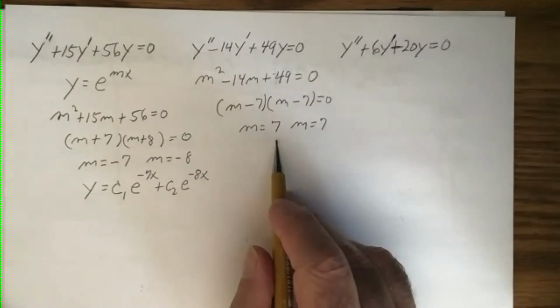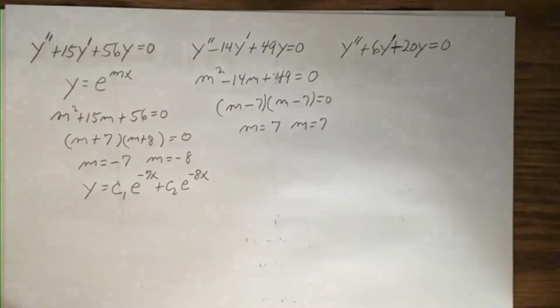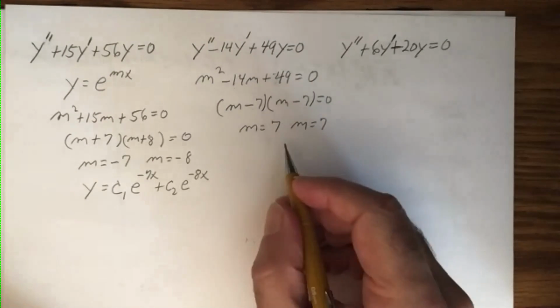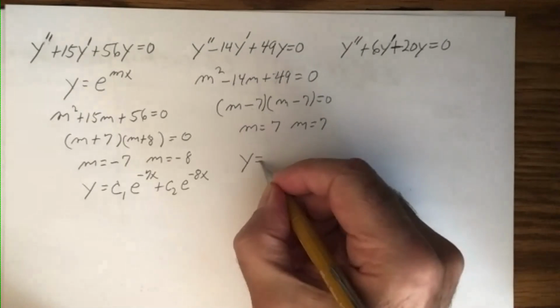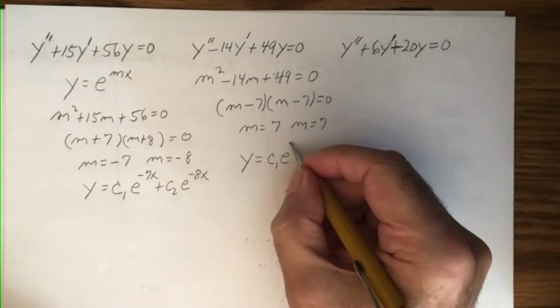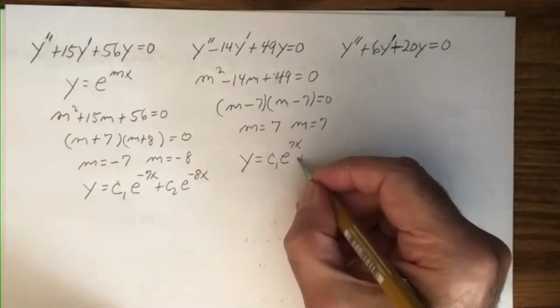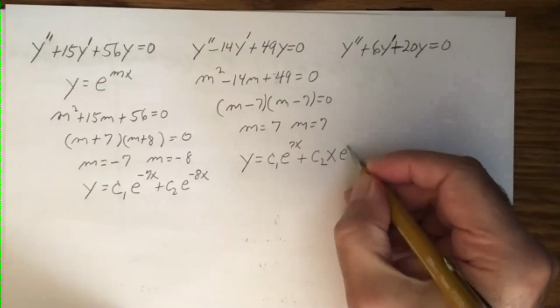So in this case, we have repeated roots. And remember, we showed that when we have repeated roots, we need another linearly independent solution. So one solution is y equals C1 e to the 7x. And then we showed yesterday that if I multiply this by x, I can get a second linearly independent solution.